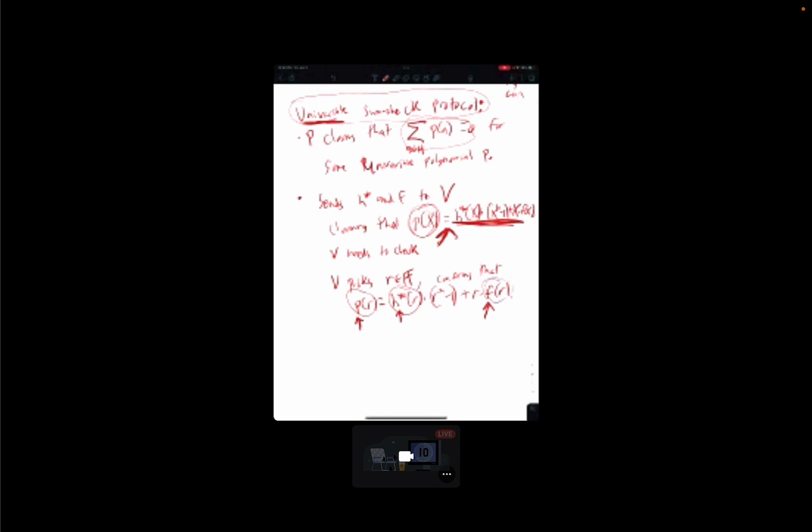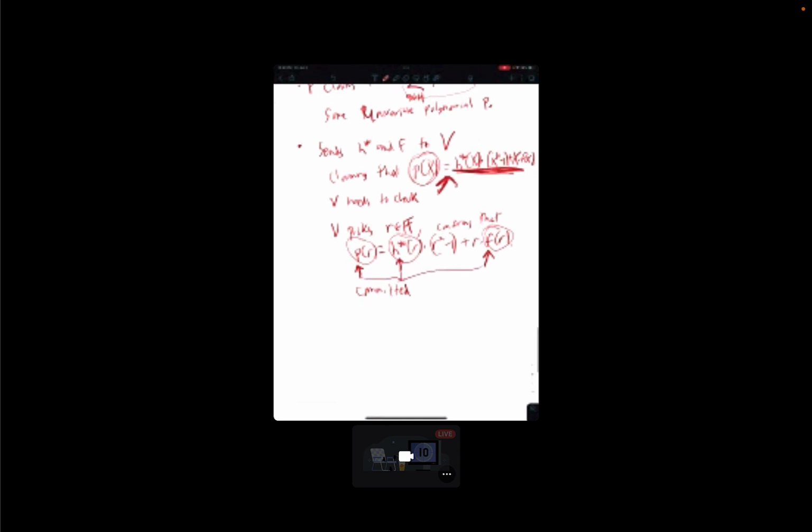There are going to be some details about exactly how P is specified, so right now, let's just imagine that P was committed. And so the verifier can just go to the commitment scheme and say, hey, tell me what P, the committed polynomial, is at R. Again, it'll be a little more complicated than that, but not much so. So that is the univariate sum check protocol.